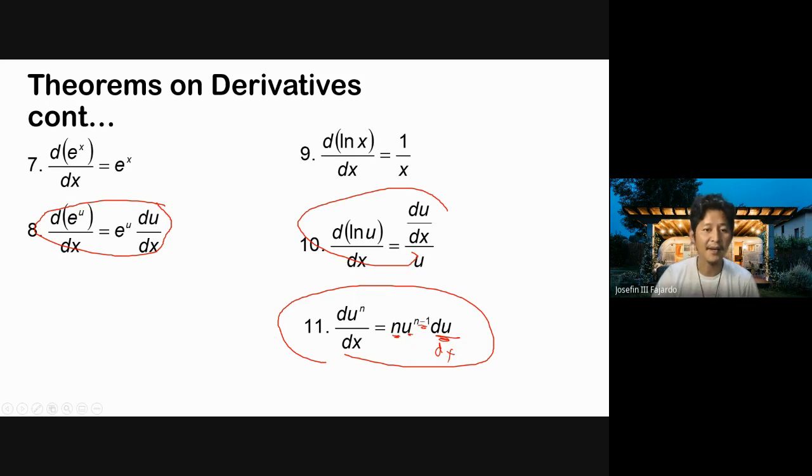Dahil hindi ko siya mahanap, let's have a different example. Kunwari, number 1 na lang ulit tayo. Kunwari, y is square root of 1 minus 4x, for example.